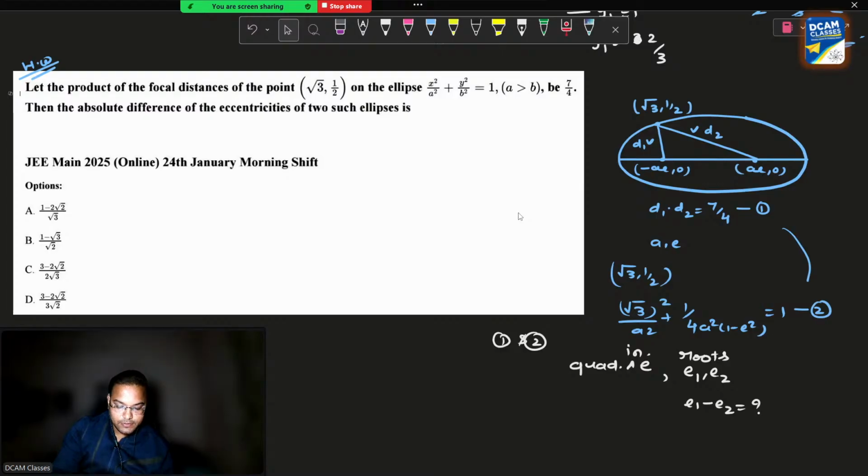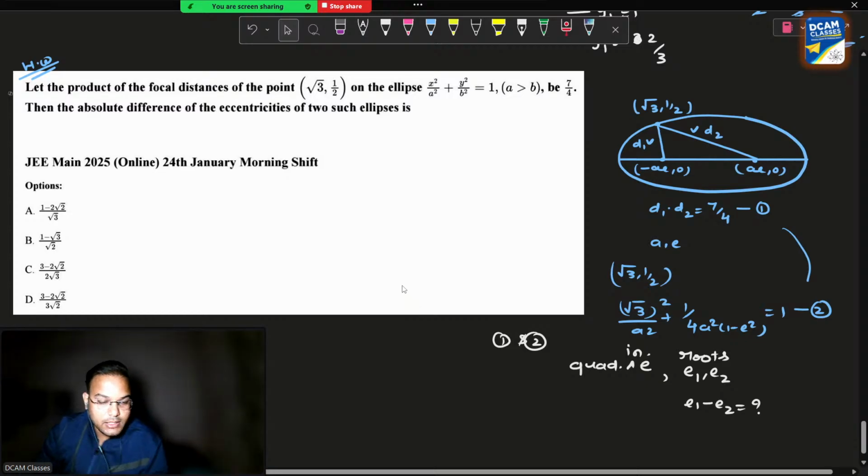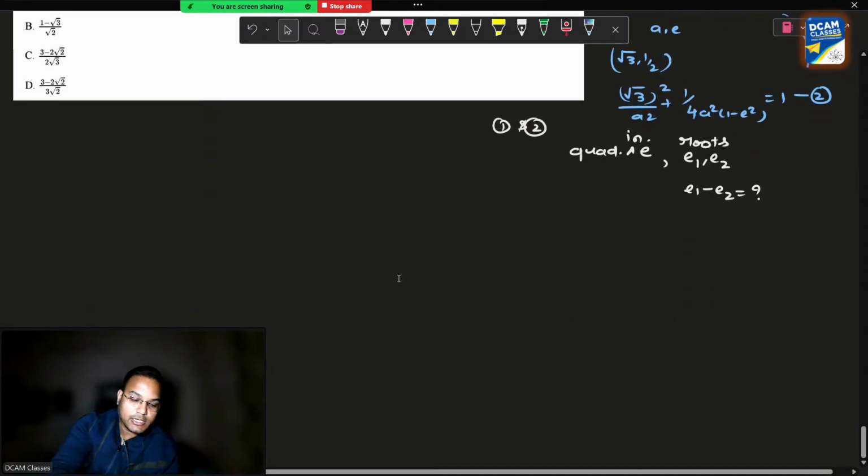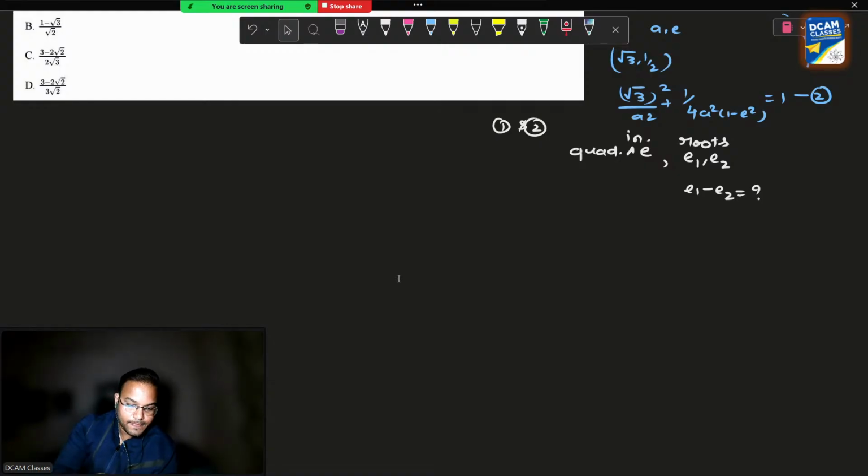Try solving this. Take it as a homework. Okay, this question. If you're not able to do, I'll show how to solve it in the next class. But I want you to try it yourself, because I've given you the idea how to solve it.